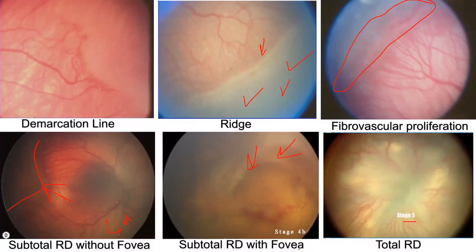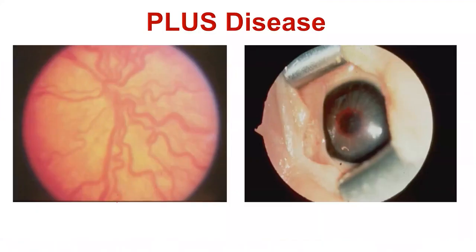What is meant by plus disease? Plus disease indicates the seriousness of the condition and a greater tendency to progress. Plus disease can be marked by specific signs.